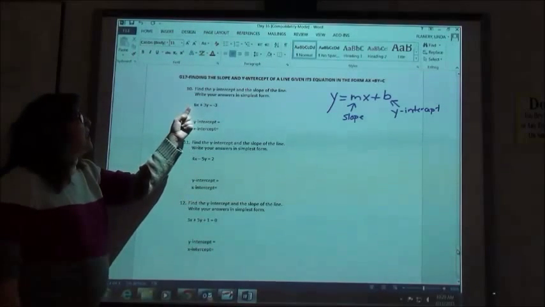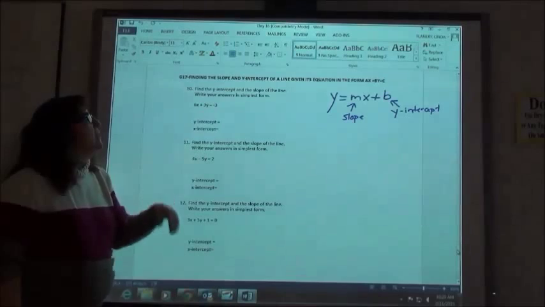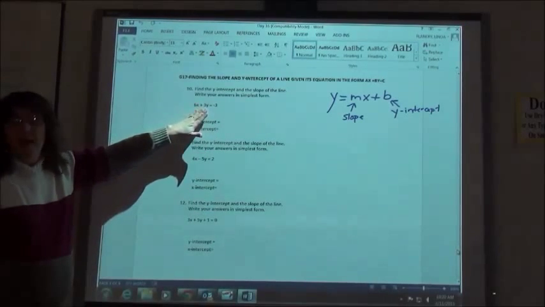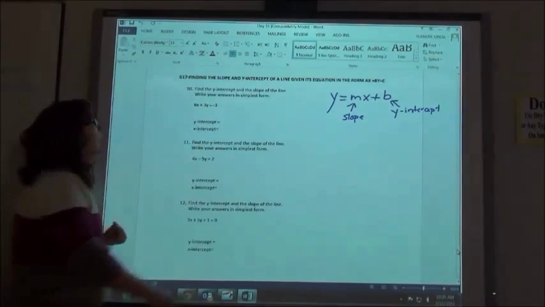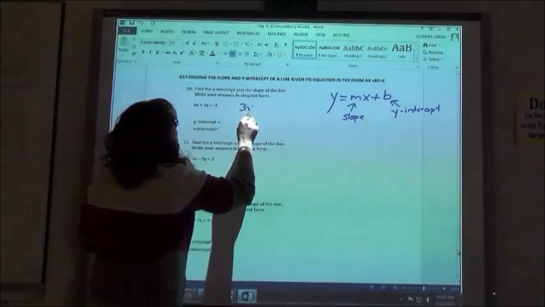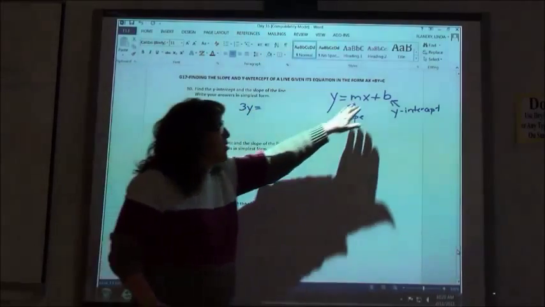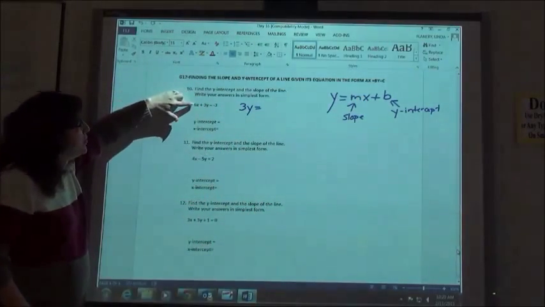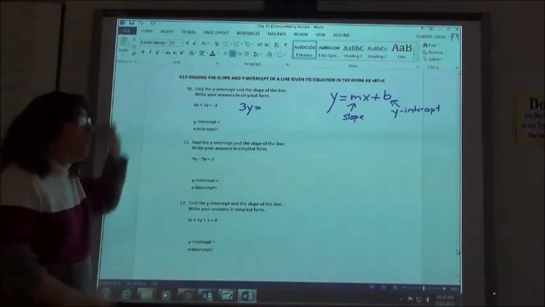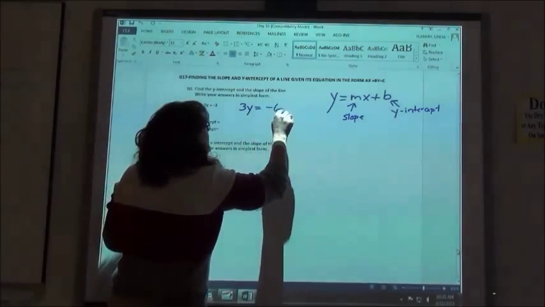So if I have 6x plus 3y equals negative 3, and I want to get the y by itself, I'm going to move my x term to the other side first. I'm going to say that 3y equals, because I know I want my x first here, I'm going to put it in that order. So since this was a positive 6x, when I move it over, it's going to be a negative 6x.